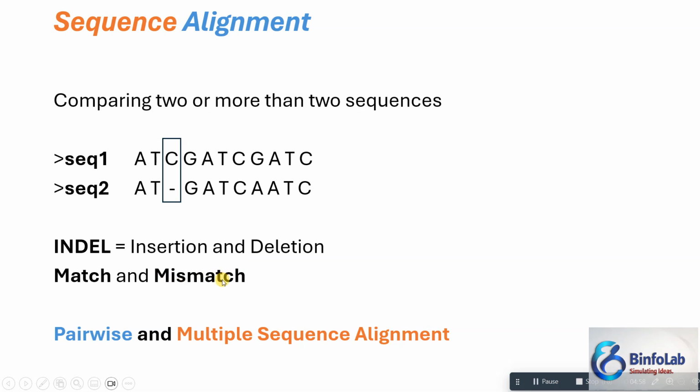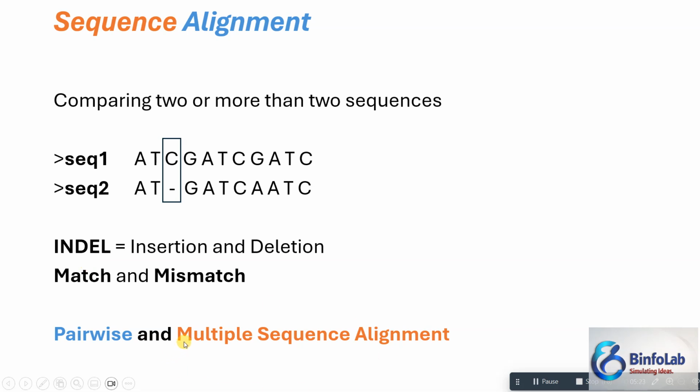So this is this scenario. So in conclusion, sequence alignment is the comparison of two or more sequences, and we will face three kinds of scenario: match, mismatch, and indel. I hope it is clear now.